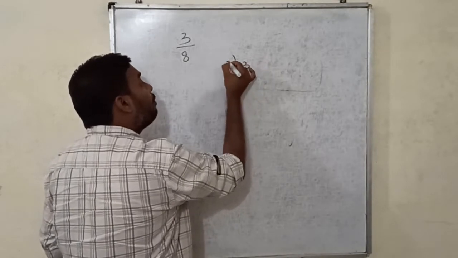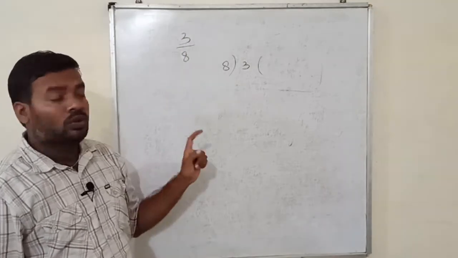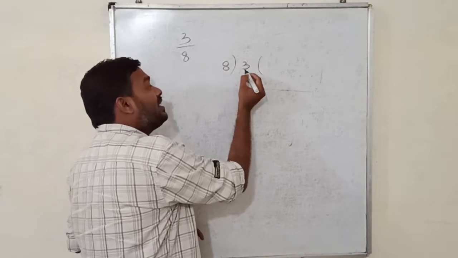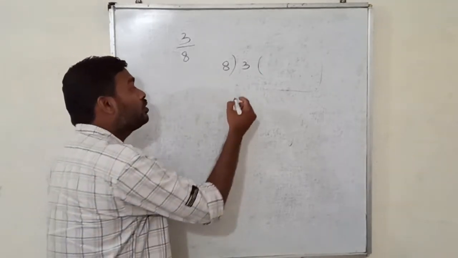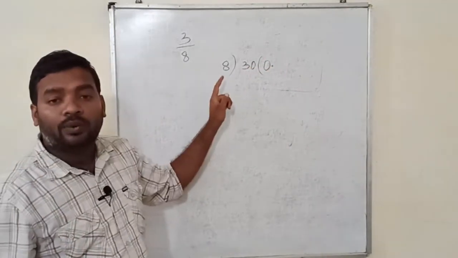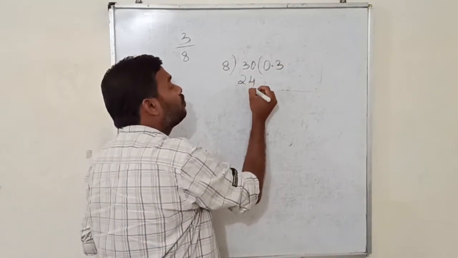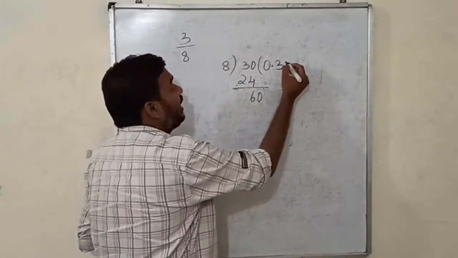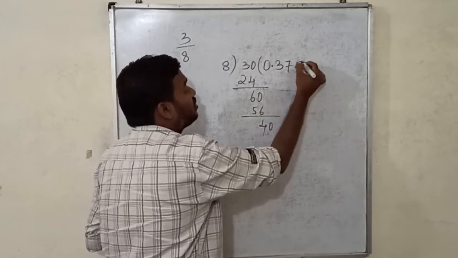Divide 3 by 8. p by q is nothing but dividing p by q. Here 3 is divided by 8. 3 is less than 8, so you can't directly divide 3 by 8. You have to put a point, take a 0 here, then you can divide 30 by 8. 8 3s are 24, remainder 6, 8 7s are 56, 8 5s are 40.